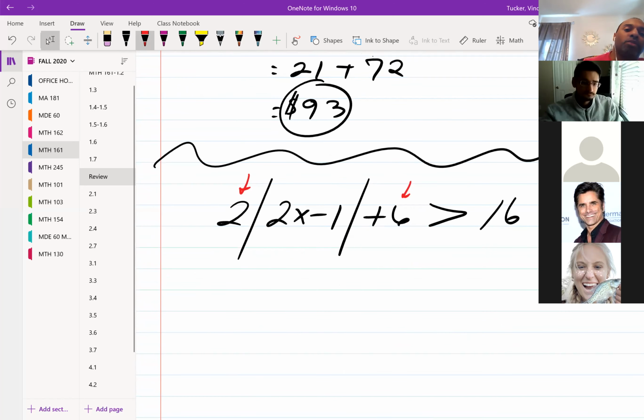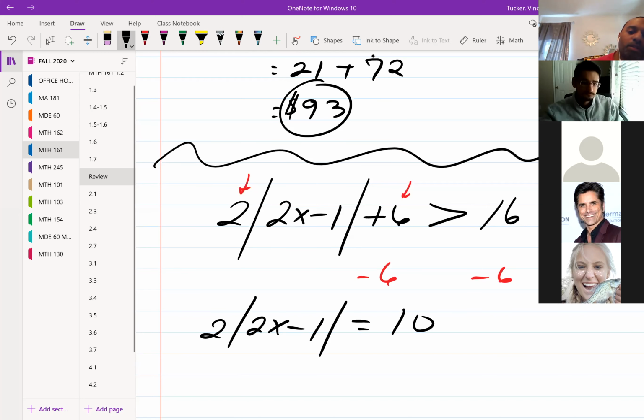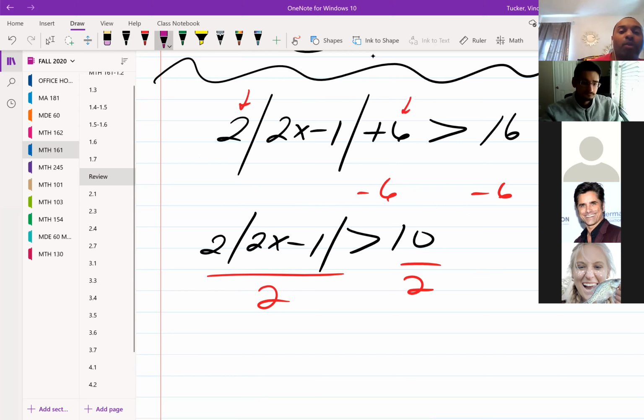So subtracting 6, and then divide by 2. That's the first thing you want to do before you go that route, which is not the wrong way of thinking. You're going to have to do that at some point, but isolate your absolute value first.